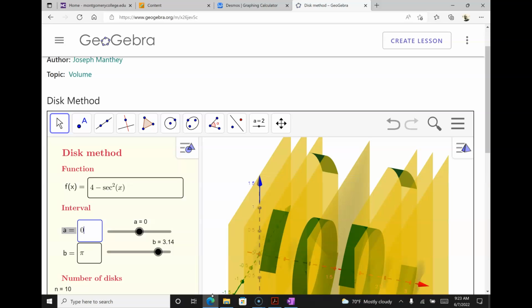Oh boy. There we go. Oh, negative though.